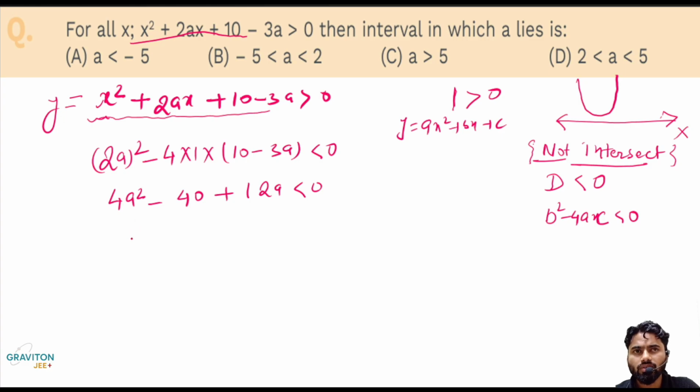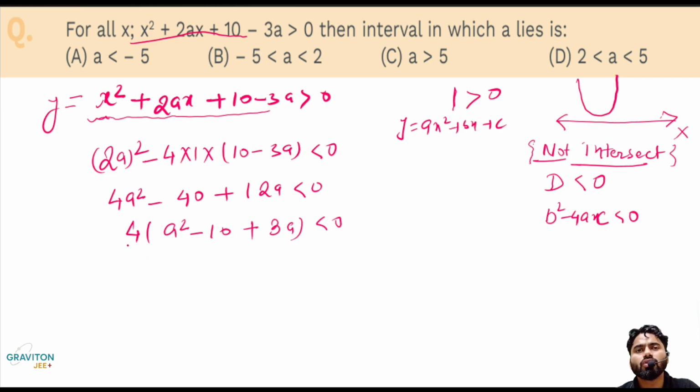So take 4 common here. So this will become a square minus 10 plus 3a less than 0. Now we will divide by 4.